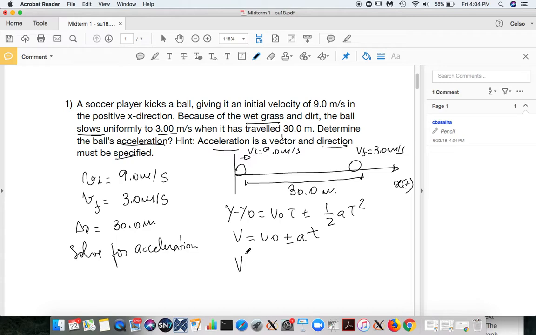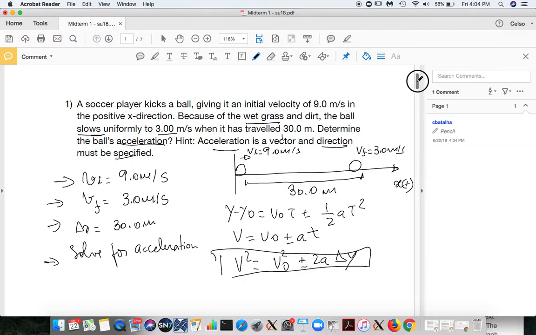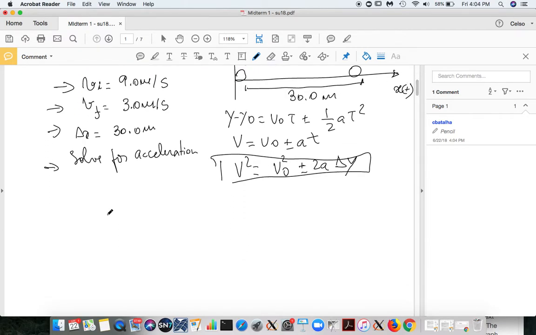And the third one is Bernoulli, that combines those two into one single equation. So based on the fact that we have initial velocity, final velocity, and delta x, and we want to solve for acceleration, this equation here seems to be the best one to use. And that's what we do.